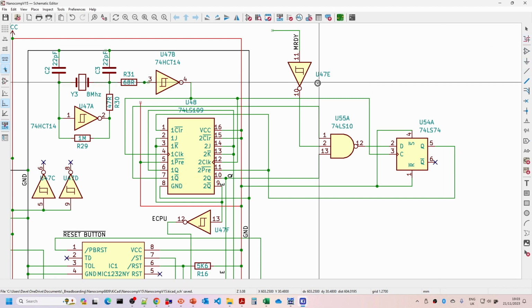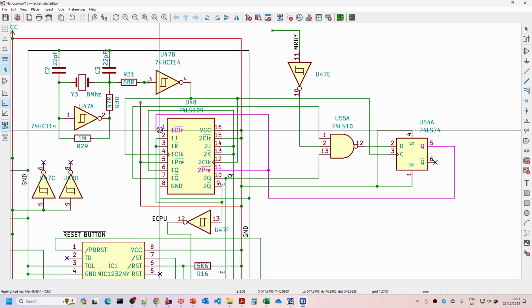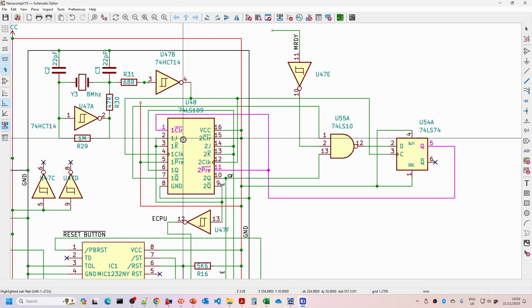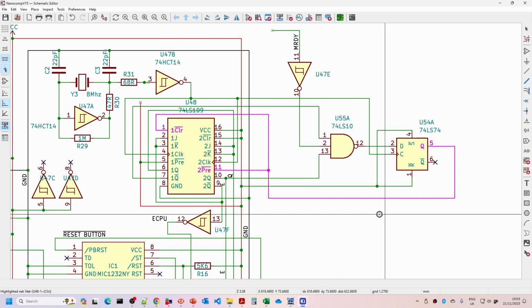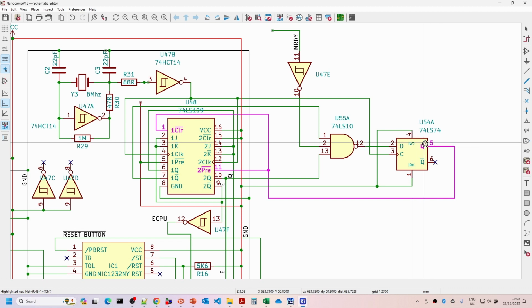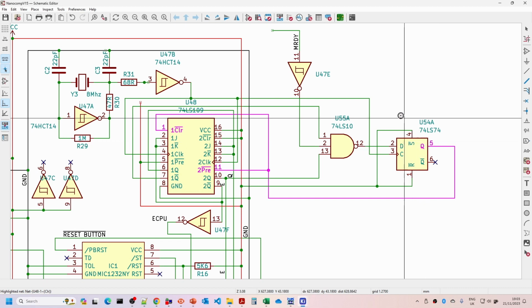and what we actually have to do here is connect the clear and pre-select lines for the two flip-flops. Number 1 is on the left, number 2 is on the right, and those need to be fed to the output of the 74LS74 flip-flop.